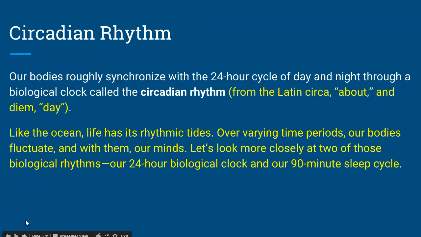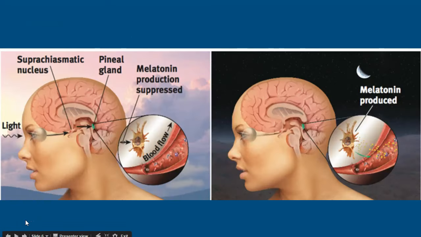Circadian rhythm. Our bodies roughly synchronize with the 24-hour cycle of day and night through a biological clock called the circadian rhythm. There you can see my ocean quote again. So here's what's happening. As you can see on this left-hand picture, as light enters your eye, there's actually something going on a little bit more complicated in your brain.